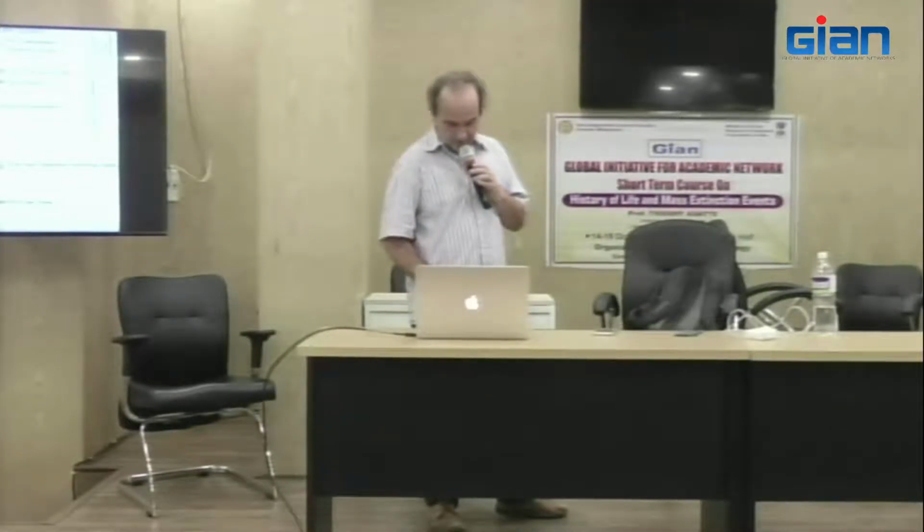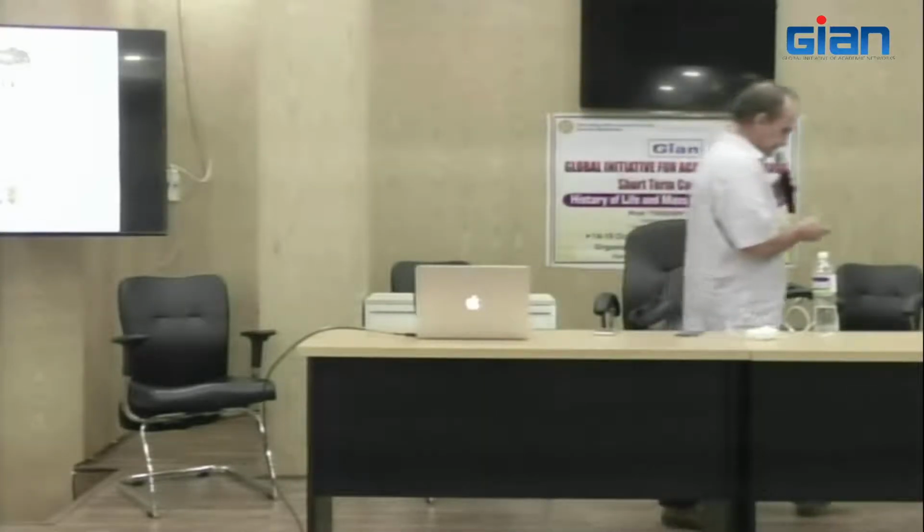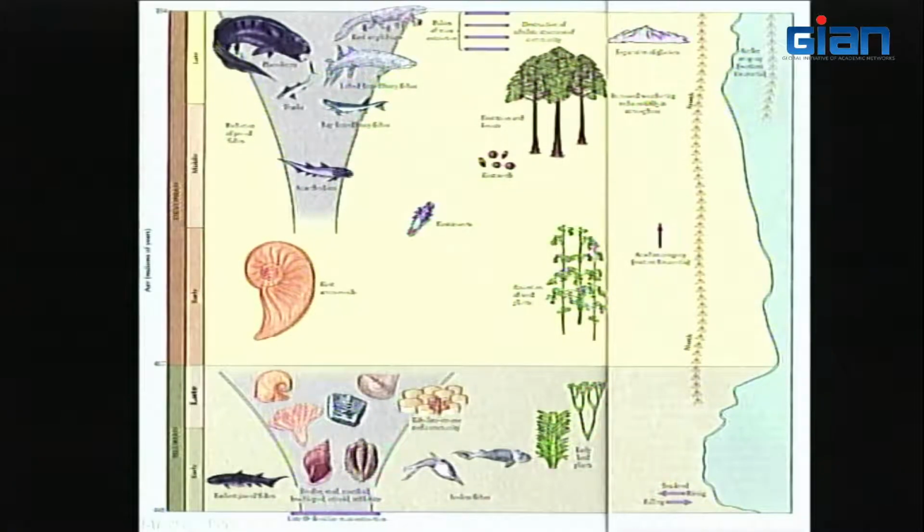So again, a small summary of what we just explained. You have here more or less the situation in the Silurian, and you can see that Silurian was a time of radiation for the mollusks, for the brachiopods, and for the first jawed fish, as I said.